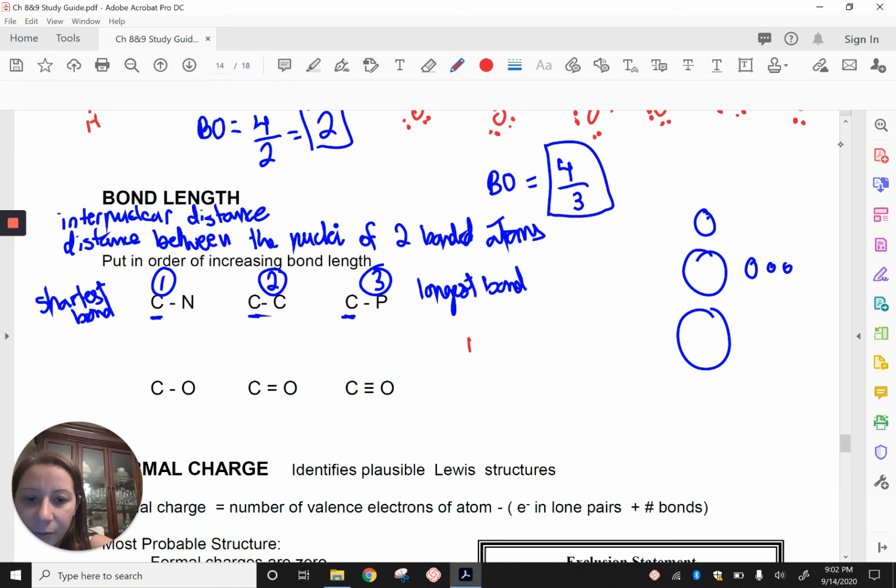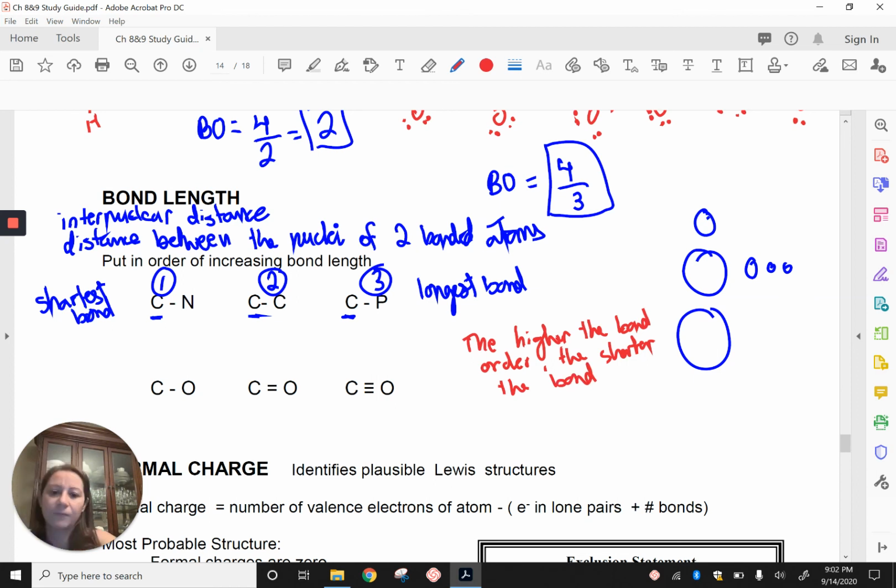Let's write that down. The higher the bond order, the shorter the bond.